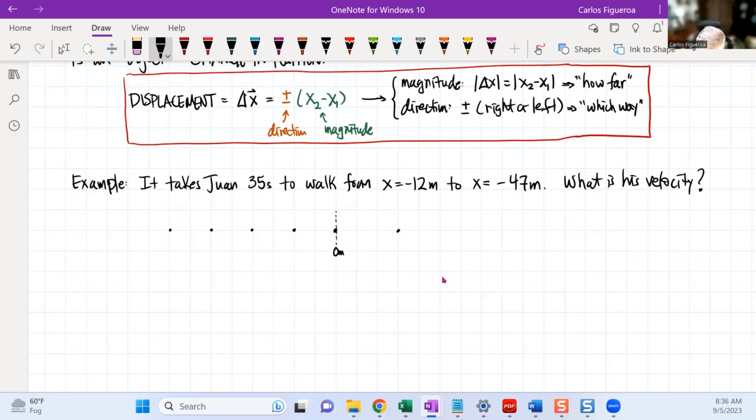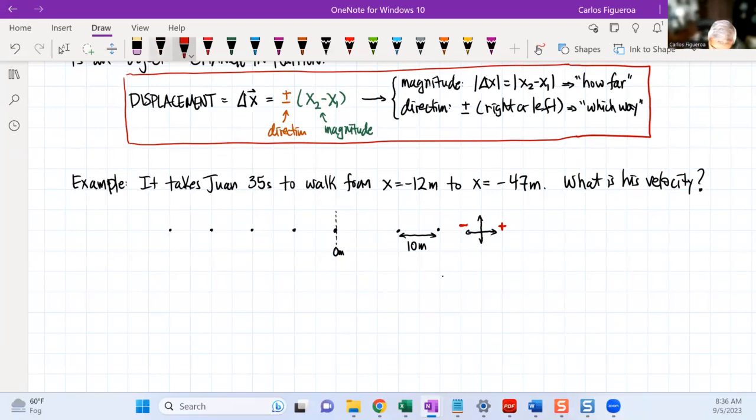So the distance between 2 squares is 10 meters. Now I'm going to set up a coordinate system. I could call that west, but it's common to just say I'm going to call that negative, and I'm going to call that positive. So my direction is set that way.